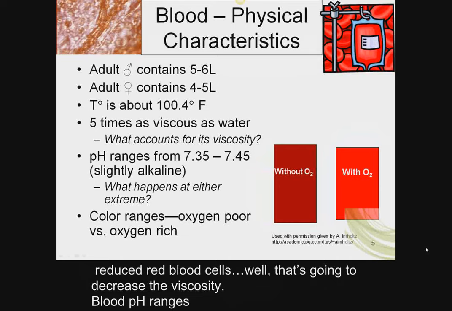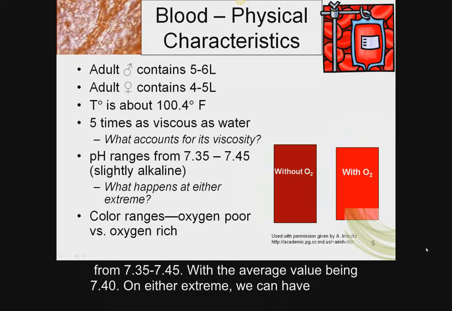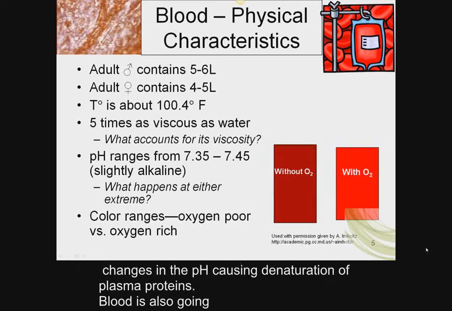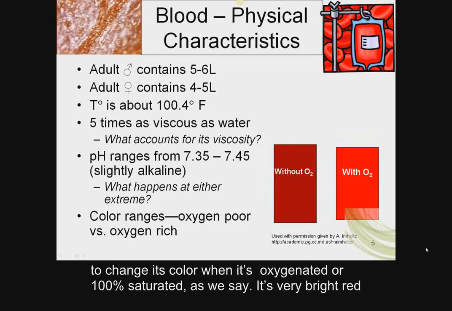Blood pH ranges from 7.35 to 7.45, with the average being 7.40. On either extreme, we can have changes in the pH causing denaturation of plasma proteins. Blood is going to change its color when it's oxygenated, or 100% saturated, as we say.